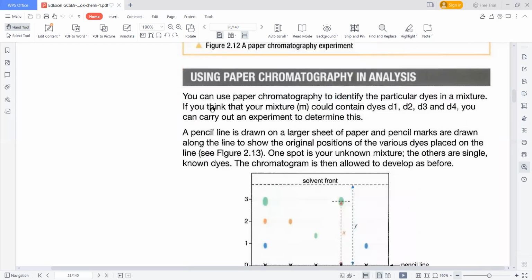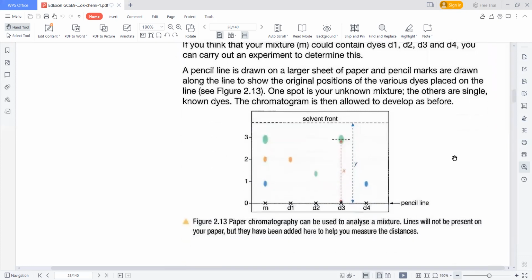Now you can also use this experimentation to perform various analyses using chromatography to identify particular dyes in a mixture. If you think your mixture M could contain four dyes, you can carry out the experiment in the same way. The idea is the same. Place the unknown spot right there. You can allot one specific point to the unknown one. So this is the standard basically.